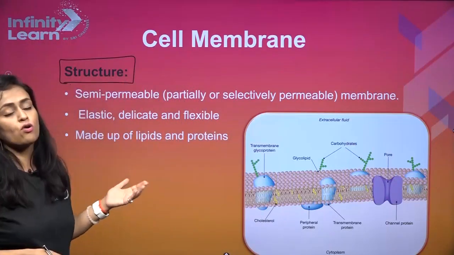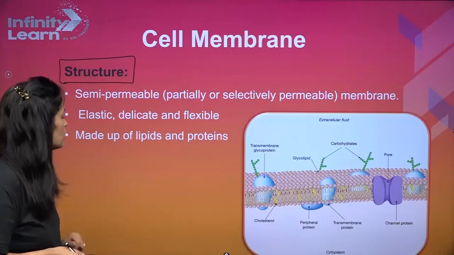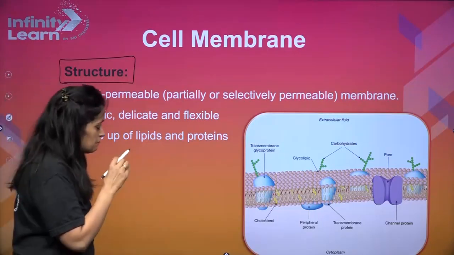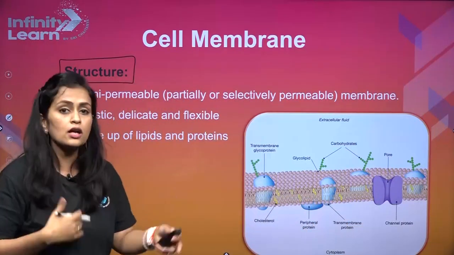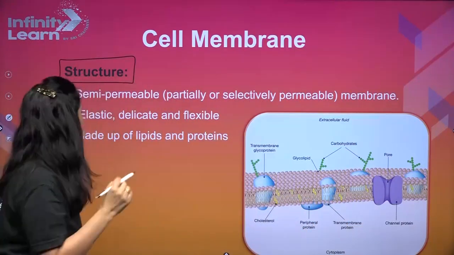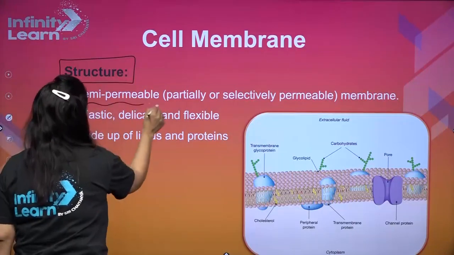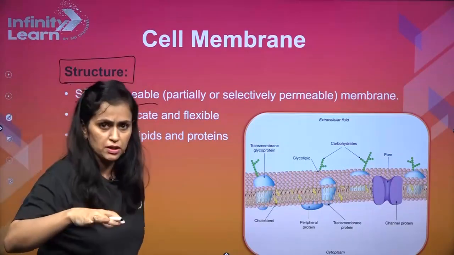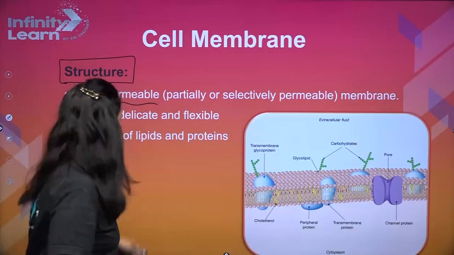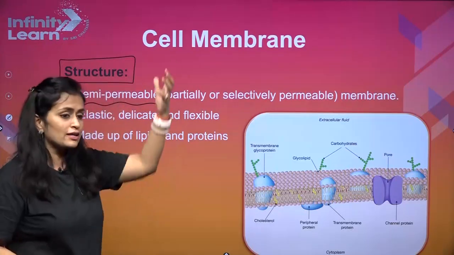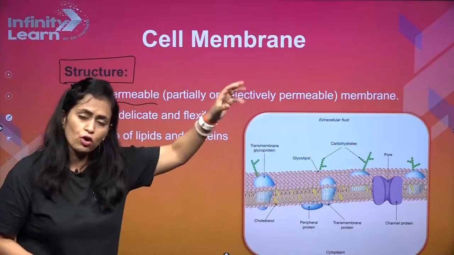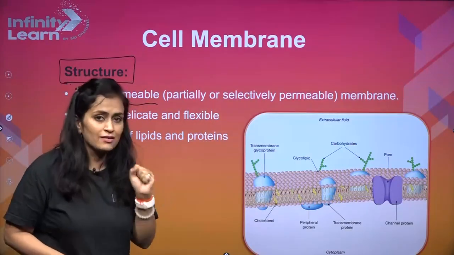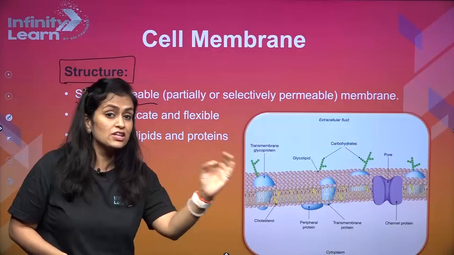Otherwise, we would have never called it a cell, right? So this semi-permeable membrane which encloses all the cellular components, it is a semi-permeable membrane. Semi-permeable, half permeable, not completely permeable. So it actually regulates what can come in and what can go out, right? All those things are regulated. It is selectively permeable.